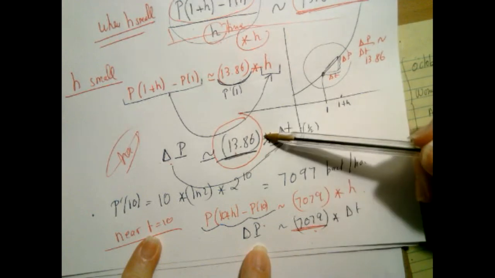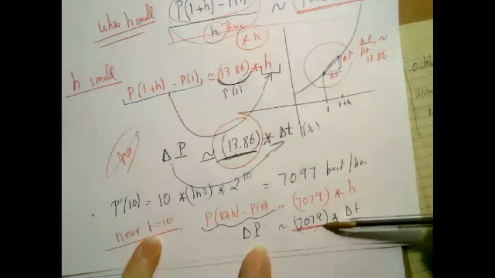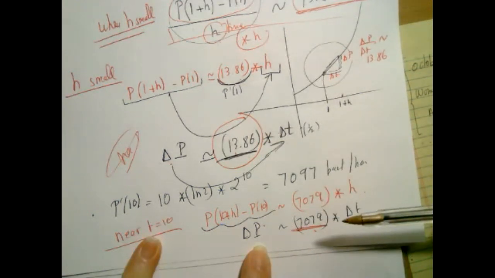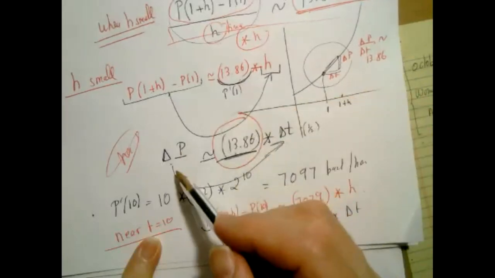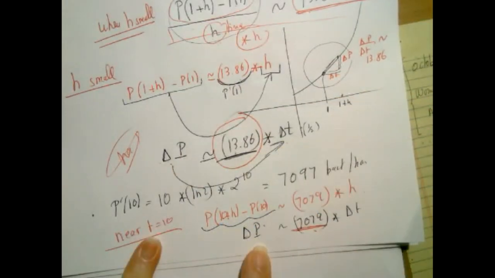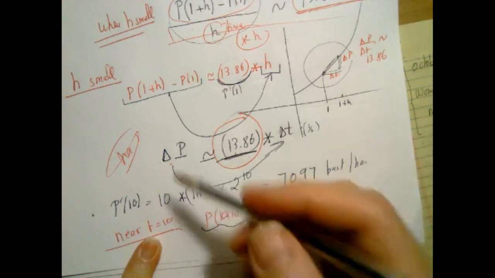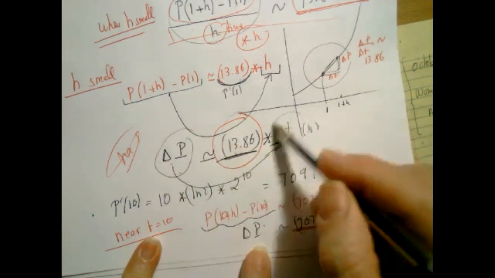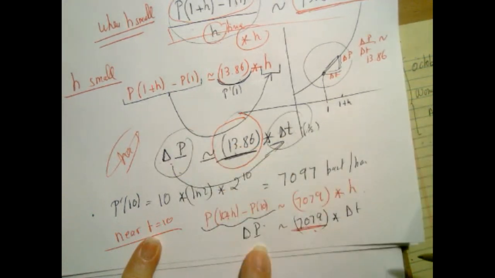So the change here is very slow with respect to the change here. In this sense, what the derivative is really telling me is how fast the population changes with time. And that's really what the derivative tells us: how fast my output is changing with respect to my input.